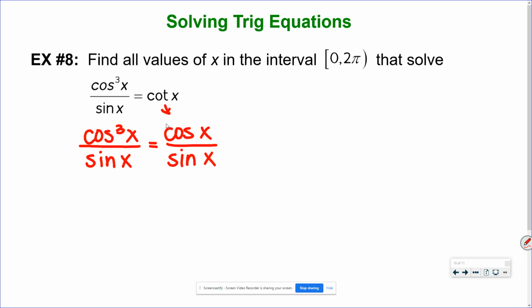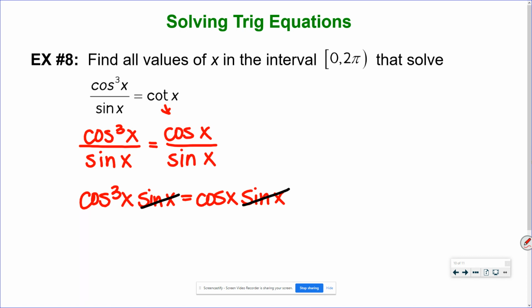So the way I've rewritten it, this allows me to actually cross multiply to simplify the expression. So I'm going to cross multiply. All right, and then I end up having a sine on both sides. So those two things would cancel each other out.